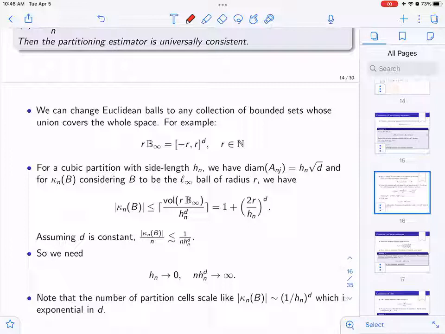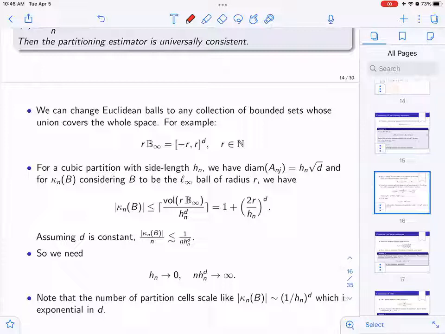This is going to be like 2R to the D, and this is Hn to the D. So basically it scales like 1 over Hn to the D. And so if I divide by n, up to constants it's 1 over n Hn to the D. So we need this to go to infinity. Okay, so the bandwidth has to go to 0, but it can't go to 0 too fast. So this has to be satisfied.